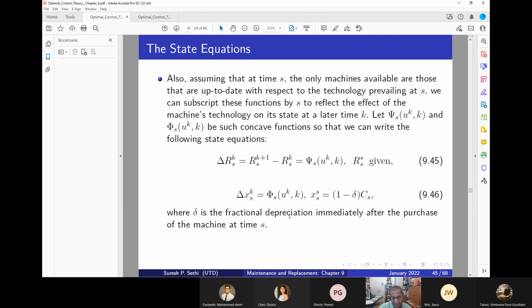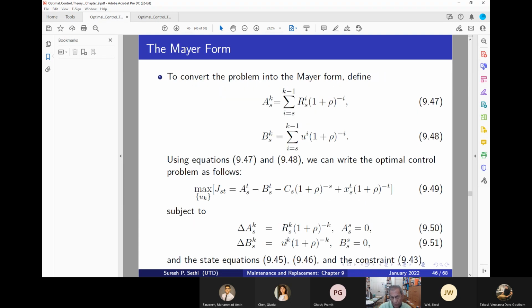Now, as in Meyer form, we have four equations. Equation 1, equation 2, equation 3, equation 4. Because when you have ASK, we can write the delta ASK equation, which is just the integrand, or summand in this case. If you do the sum, this is called summand. If you do integral, it's called integrand. So we have a summand here, another summand, and so we have four equations.